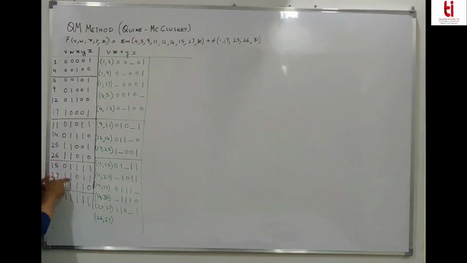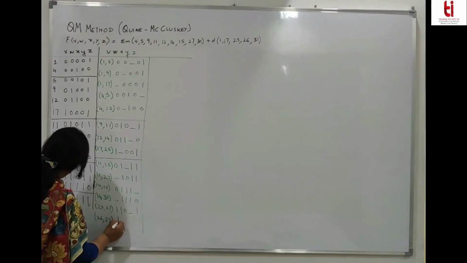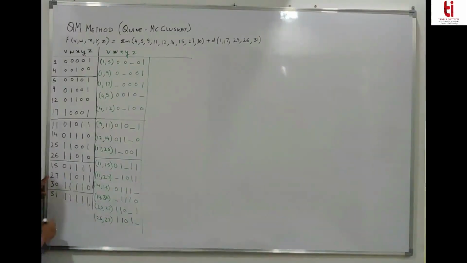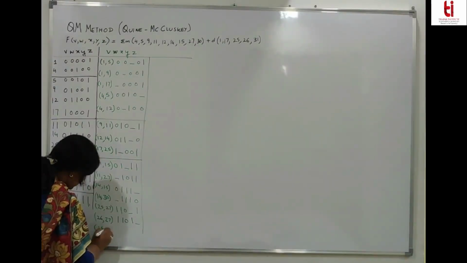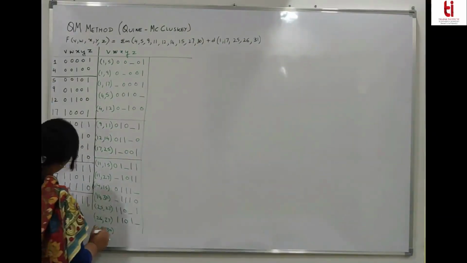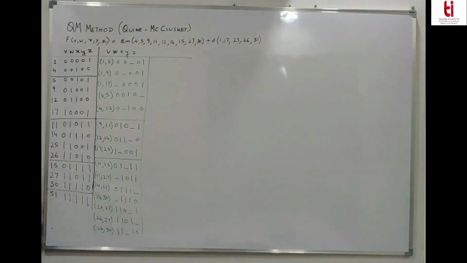This bit is same, this is same, this is same, this is same. 1, 1, 0, 1 and dash. And 26 with 30. So this is how you make pairs. So whatever all pairs are possible with this, I have listed out here.